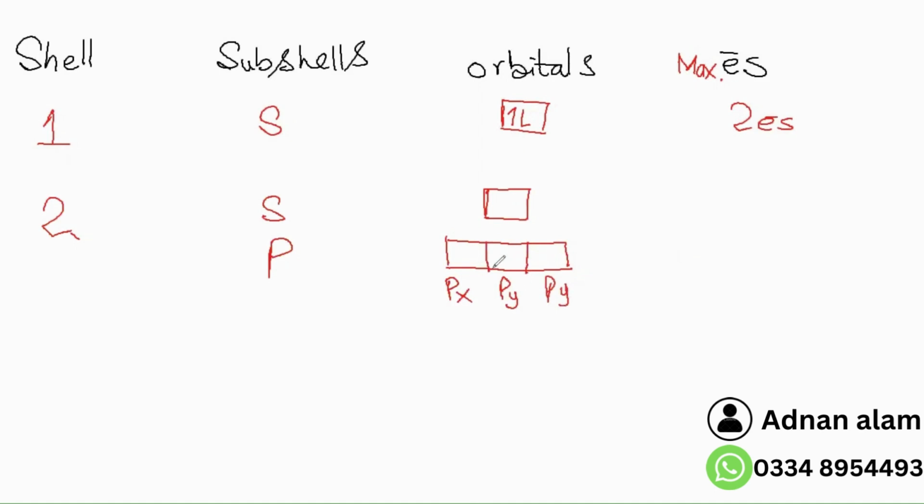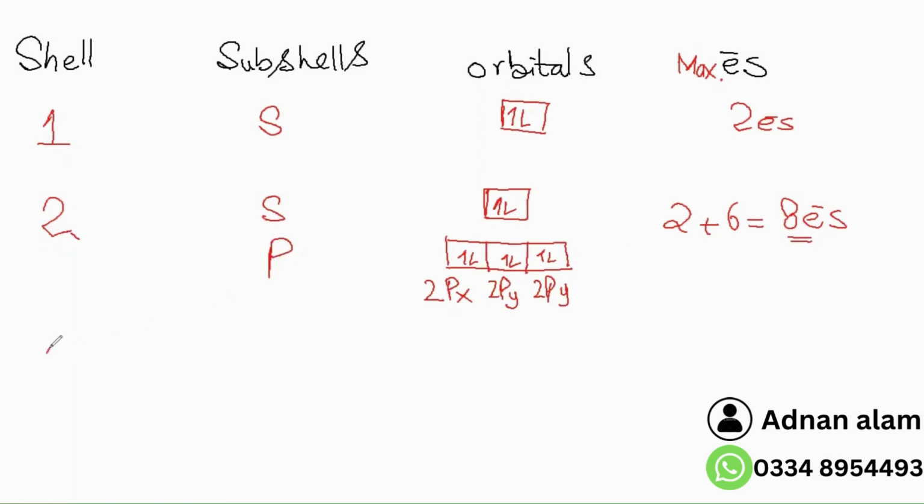Or precisely, you can say 2px, 2py, and 2pz, because these orbitals are from the second shell. That is why we are writing 2 with px, py, and pz. Now, in total, 2 electrons can be placed here, and 6 electrons will be placed here. So in total, 2 plus 6, 8 electrons can be placed in the second shell. So the 8 electrons of the second shell are placed like this: 2 electrons in the s subshell and 6 electrons in the p subshell.